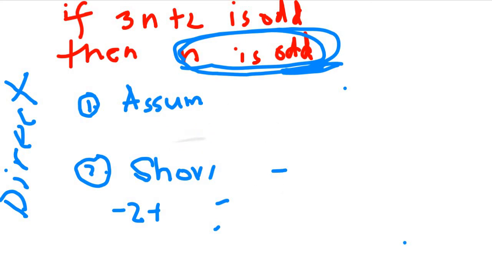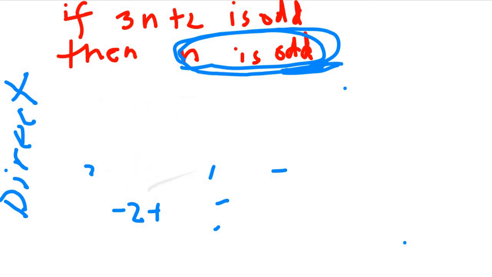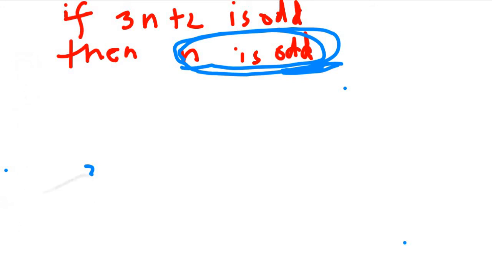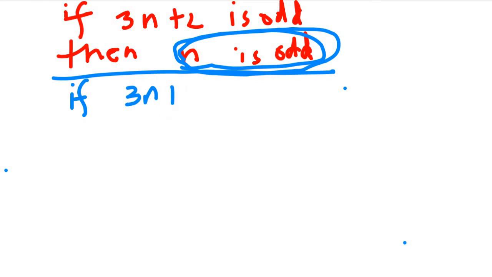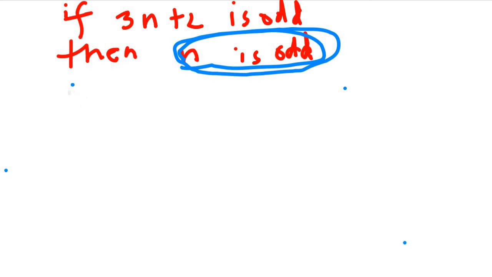With contraposition, first we're going to compute the contrapositive and then come up with the direct method. So for now we could start with its contrapositive. This is equivalent to: the contrapositive will start with the negation of the conclusion.